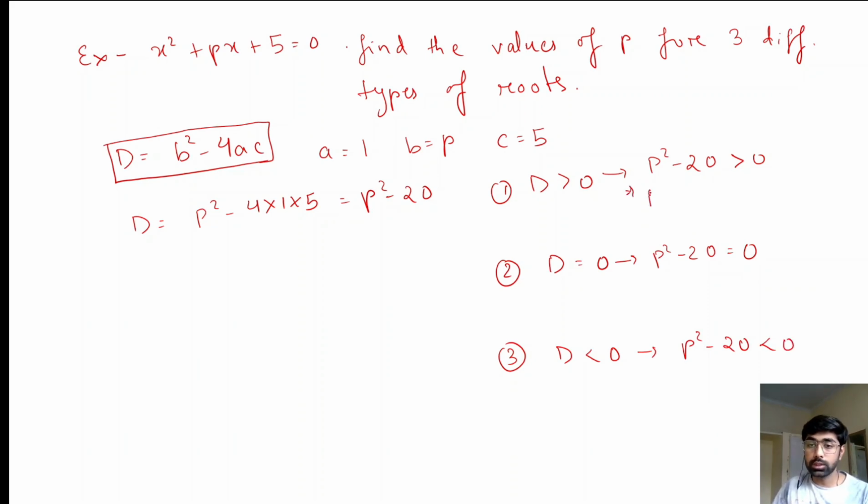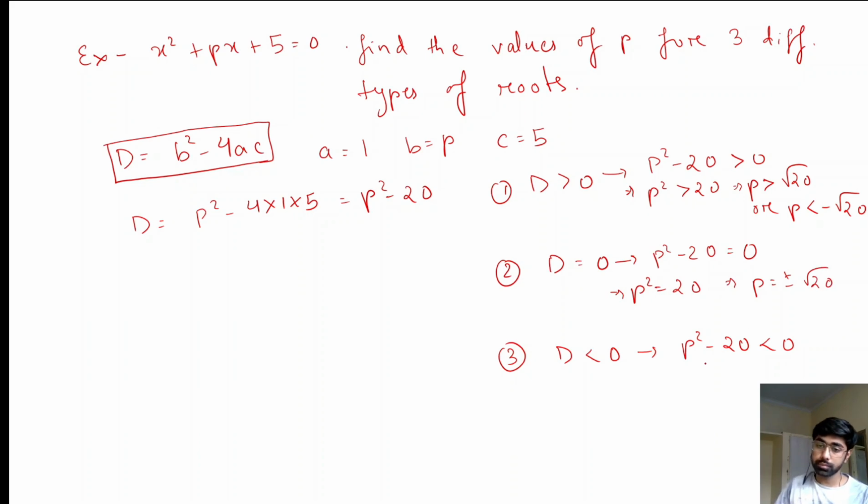This implies that p square is greater than 20, which implies p greater than root 20 or p less than minus root 20. From here we get that p square equals 20, which implies that p equals plus minus root 20.